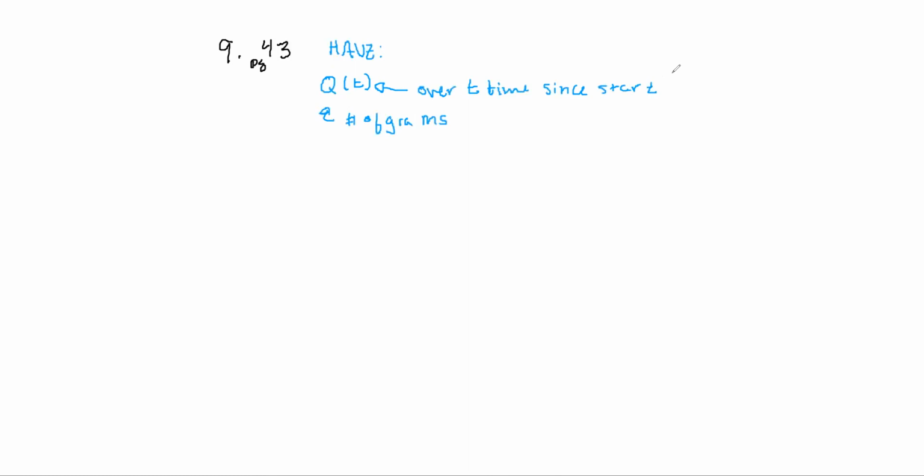So essentially, we start the air freshener and it's going to evaporate. We know that Q of 0 is equal to 30 because that's how much we have at the start, so 30 grams.